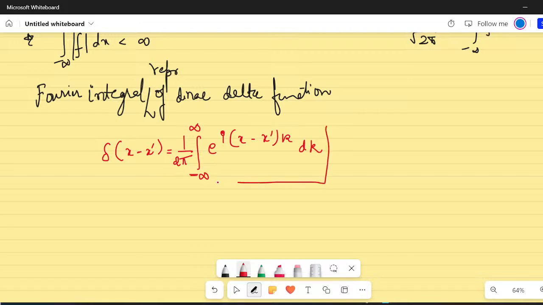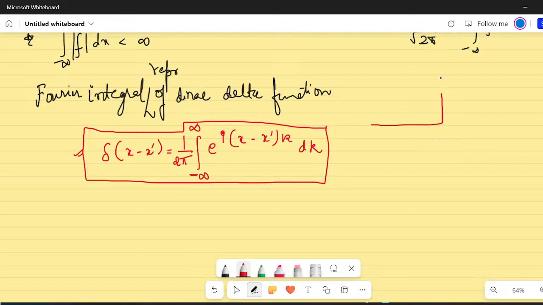So this is how you can represent your Dirac delta function, which has an infinitely large peak at x equal to x dash. This is the Dirac delta function.